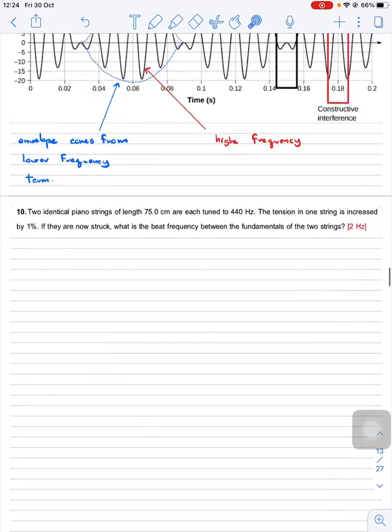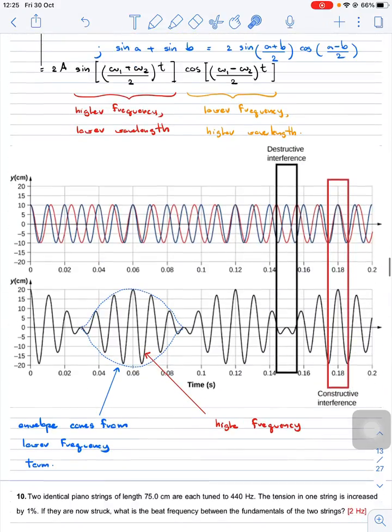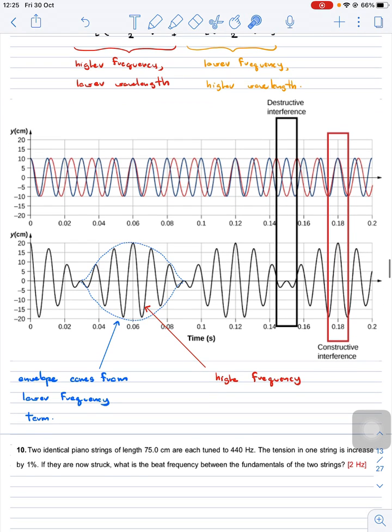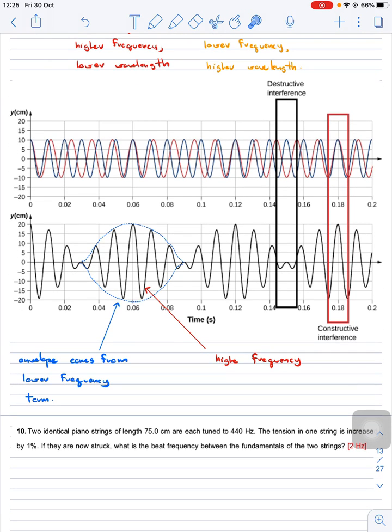This type of picture is called the beat. If we're talking about the sound wave, maybe you can search YouTube for the beat of the sound wave demonstration. What you can hear is something like this. The sound just plays something like that. So that's called the beat of the sound wave.